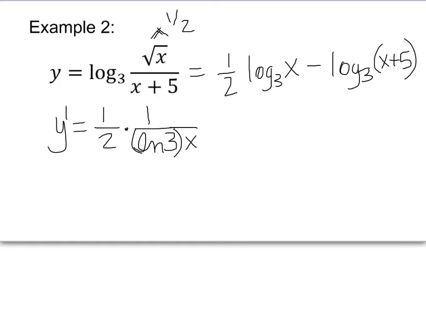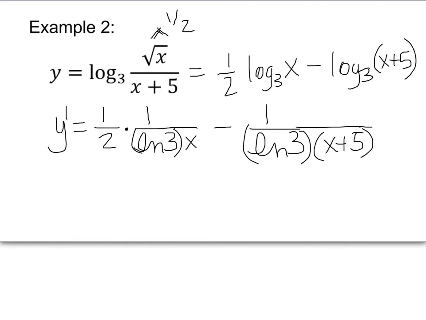Since it's just an x, I don't need the derivative of x because that's just 1 and that won't change anything. So now we're going to subtract 1 over ln of 3 again because 3 is still my base, times x plus 5.